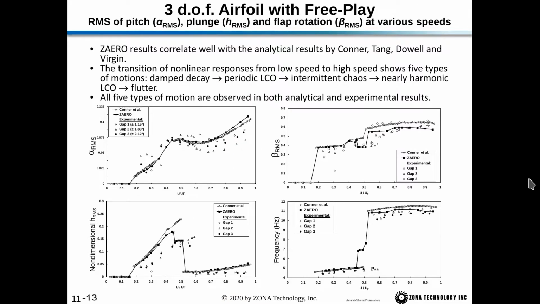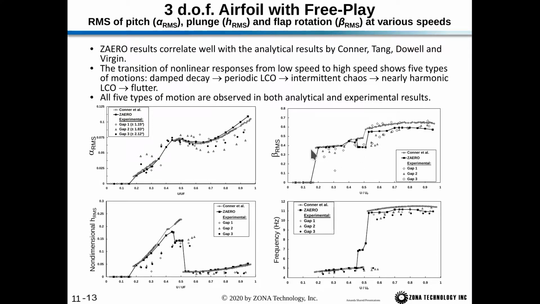So next we'll look at the results. We have plotted the root mean square of the pitch, plunge, and flap rotation at various speeds. The ZAERO results correlate well with the analytical results. The transition of the nonlinear responses from low speed to high speed shows 5 types of motions. First, we have damped decay, which is this region. Then we have periodic LCO, which is this region and this region.